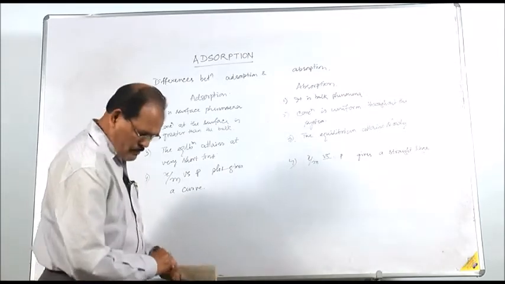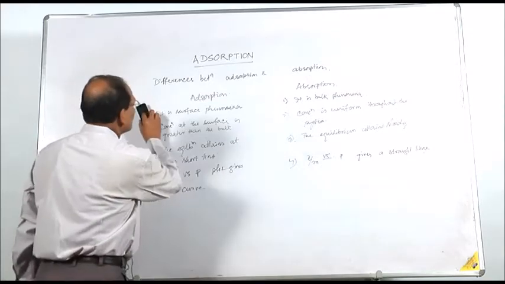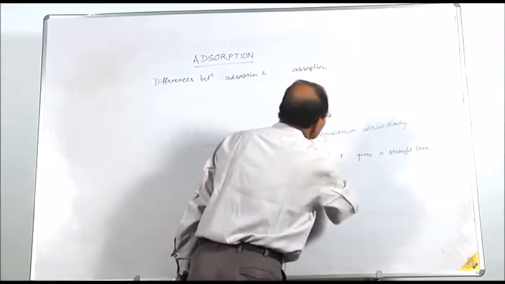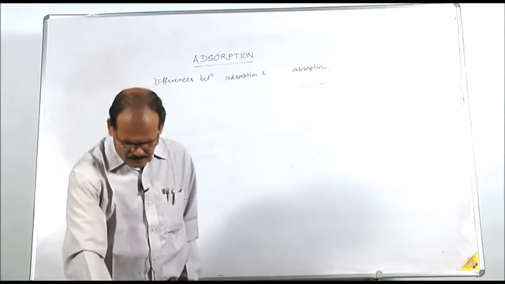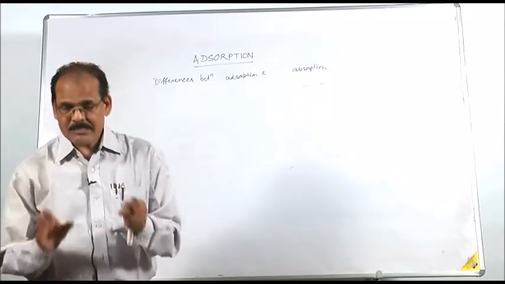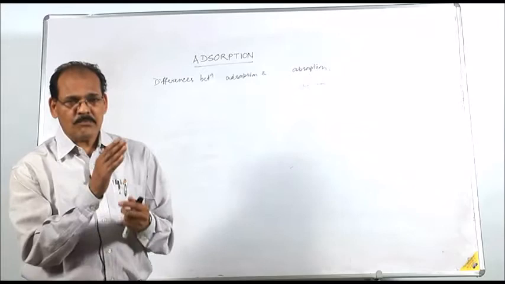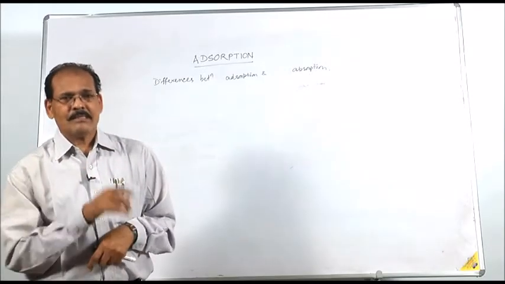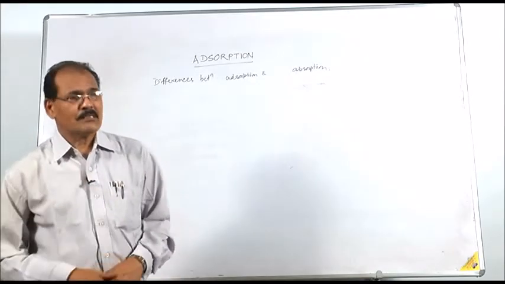Also, we know there are two types of adsorption, positive adsorption and negative adsorption. What is positive and negative adsorption? Whenever the concentration of the solute is more at the surface, that means the concentration of solute particles attached to the adsorbent is more than that of the bulk, that is known as positive adsorption.